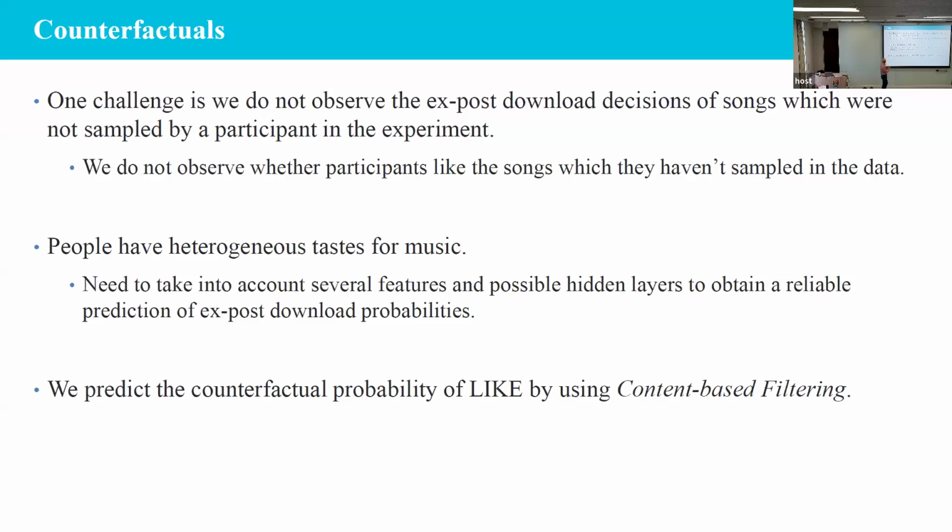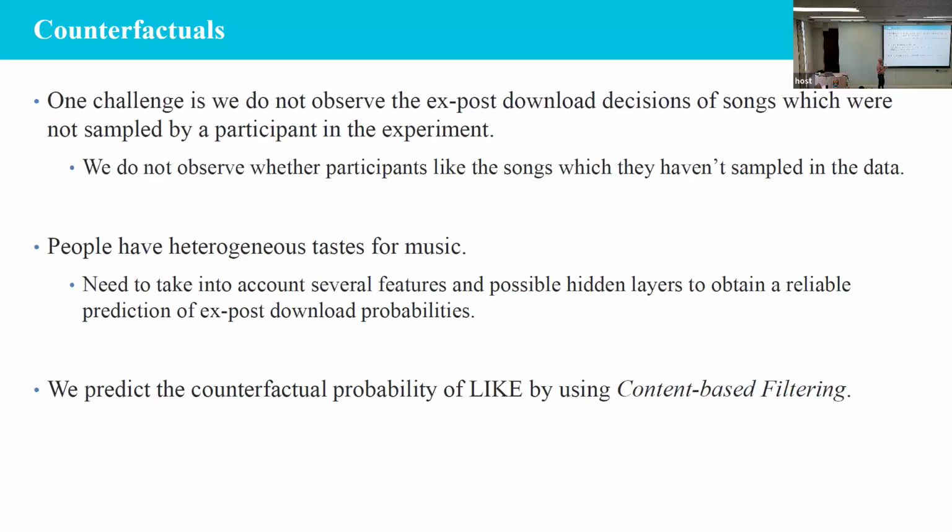In this way, we're able to get a lot of features of the songs. And the content-based filtering essentially allows us to create very detailed profiles about what kinds of characteristics these individuals like, based on the songs that they have decided to download in the data.